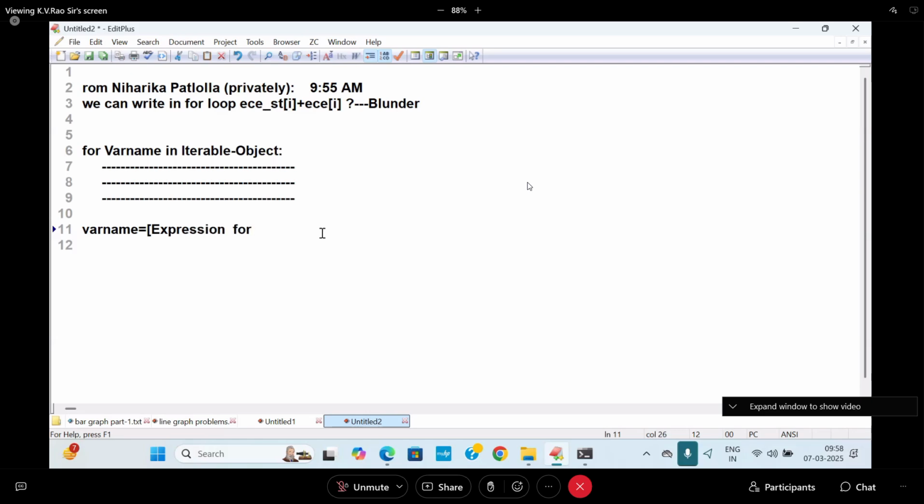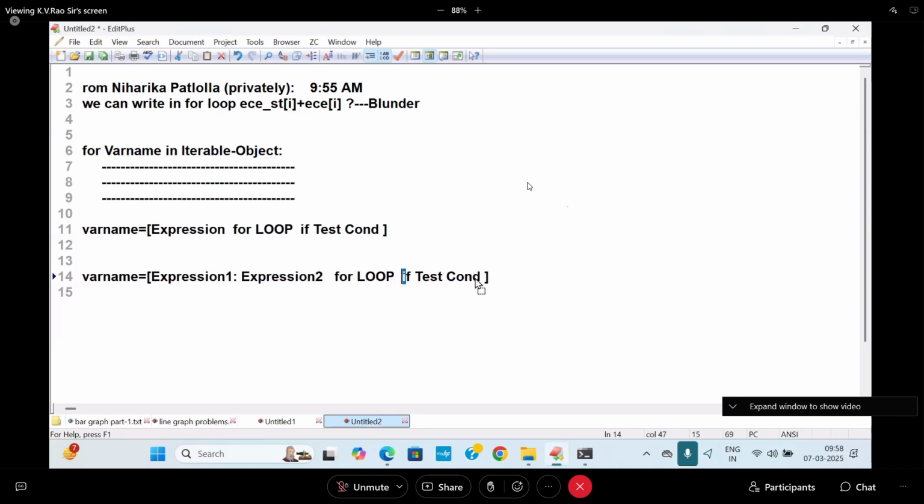For loop and then if test condition. This is a comprehension technique for list and dict comprehension. If I go expression 1 colon expression 2 for loop test condition.